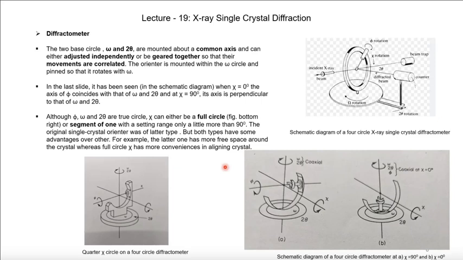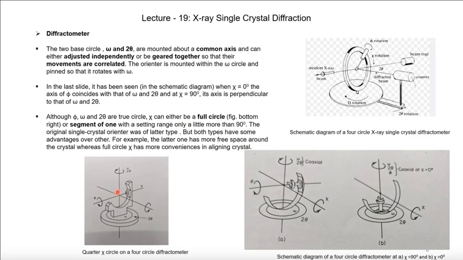Okay, this is what we have to remember, and we can get a segment of a chi circle, I mean a segment of chi or a full circle. So phi, omega, and 2 theta are true circles, but chi can either be a full circle or a segment of. This is a segment.